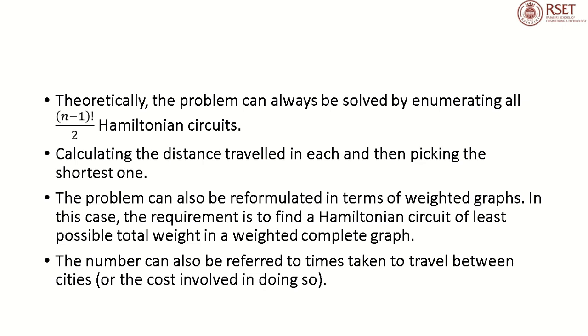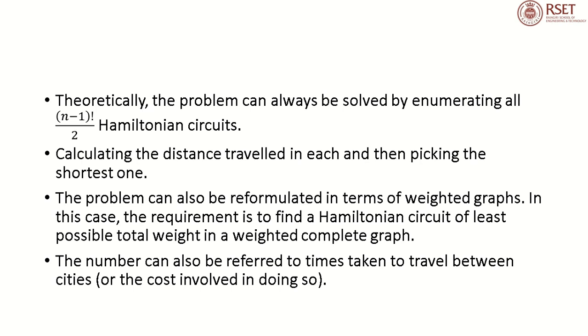Theoretically, in the problem, we can find n minus 1 factorial by 2 Hamiltonian circuits. We find the n minus 1 factorial by 2 Hamiltonian circuits and their traveling distances, calculate the traveling distance in each, and then pick the shortest one.